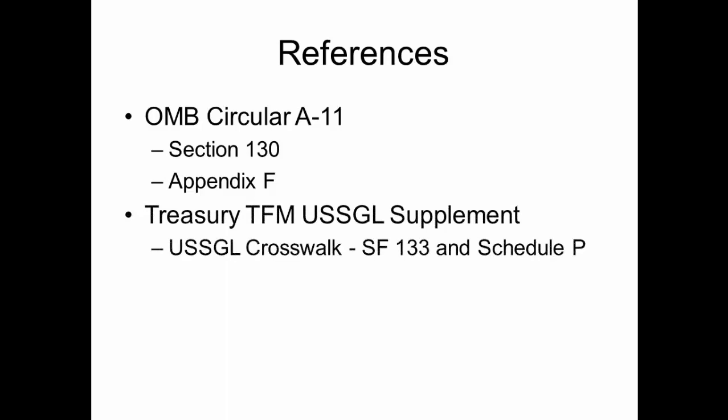Treasury's USSGL crosswalk for the SF133 and Schedule P in Treasury's TFM USSGL supplement is an invaluable tool in determining the standard general ledger accounts that make up each line of the report.